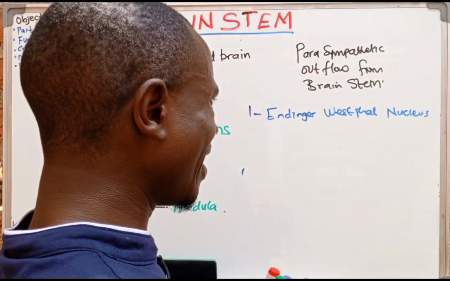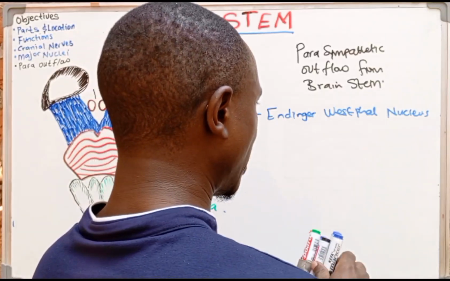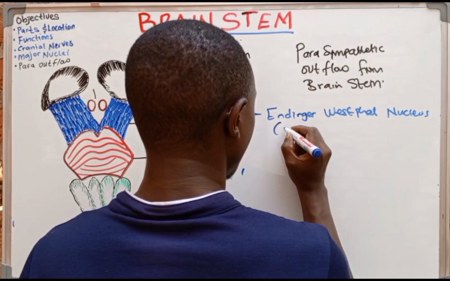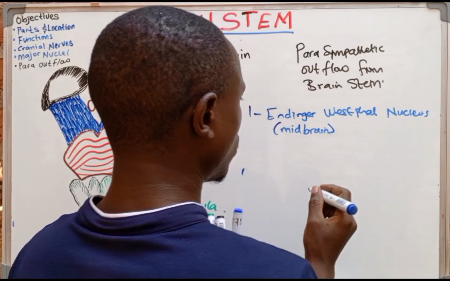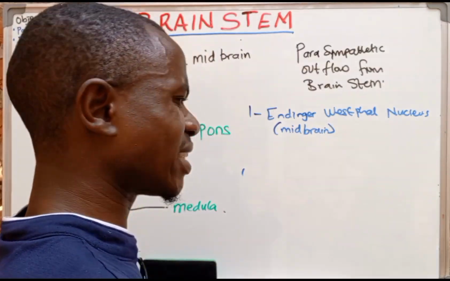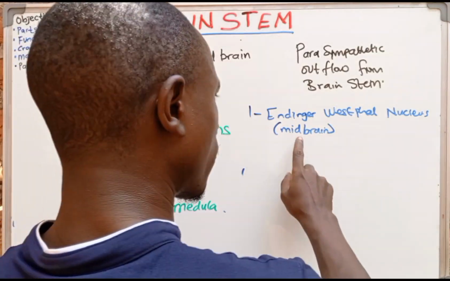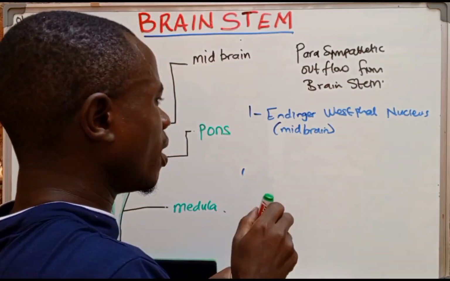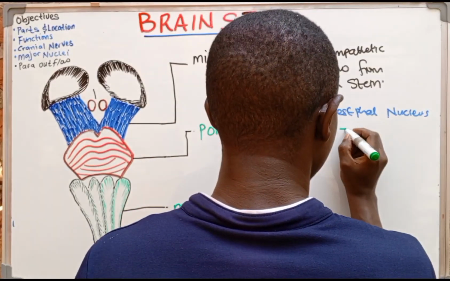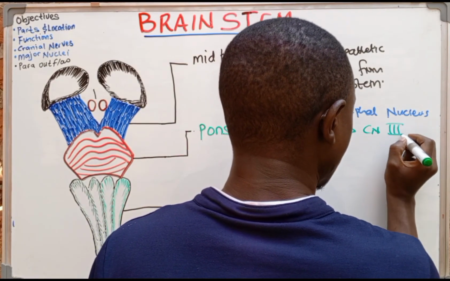Now this Edinger-Westphal nucleus is going to be part of the midbrain. And the parasympathetic fibers which are going to be coming from this nucleus are going to be moving with what we call cranial nerve number 3. They are going to be moving along with cranial nerve number 3.